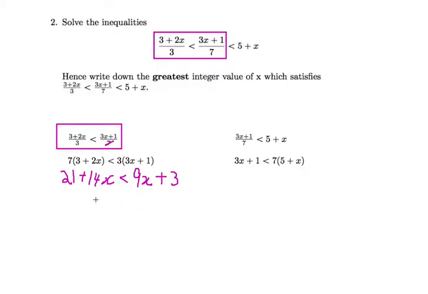So quite simply, if we bring 9x over, we have 5x, okay? And then if we bring 21 over here, it's 3 minus 21, so it's minus 18. Okay, so x is smaller than minus 18 divided by 5.